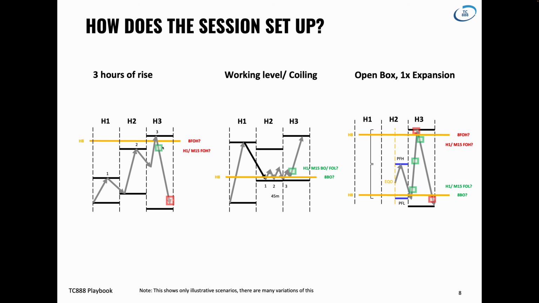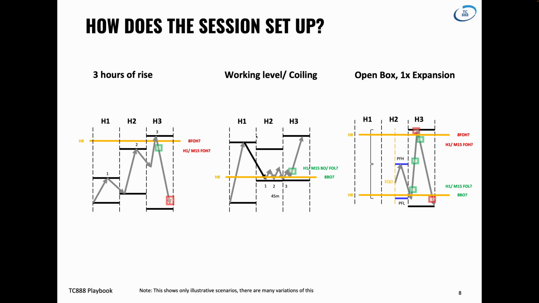Day 1, day 2, day 3, session 1, session 2, session 3, hour 1, hour 2, hour 3. Always the same thing. So do you have three hours of rise for rollover and session? Potentially. Are you working a level? So it potentially puts in a higher high, then works back into a level for a blow-off. Sometimes you have a peak formation high, peak formation low, blow-off.